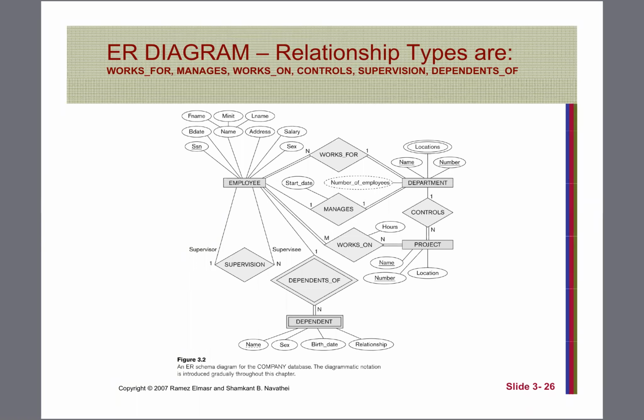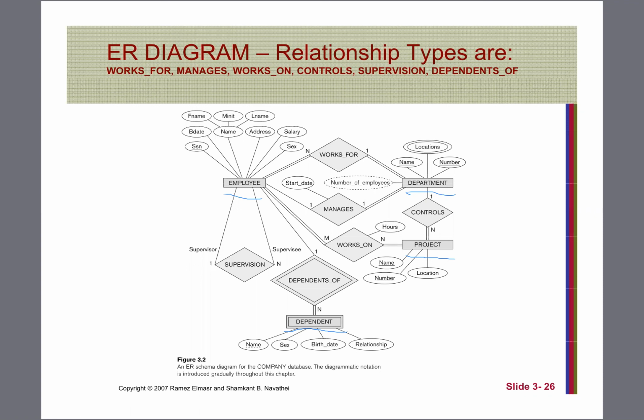We had an employee entity. These are all entities. Department is an entity as well. Project is an entity, and dependent is an entity. And then there are relationships between the different entities which we had derived.